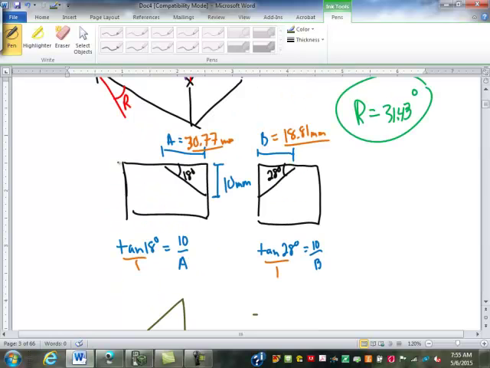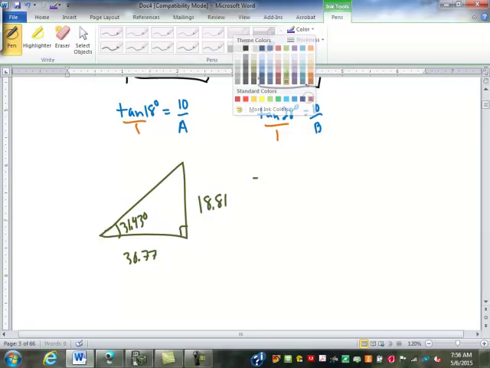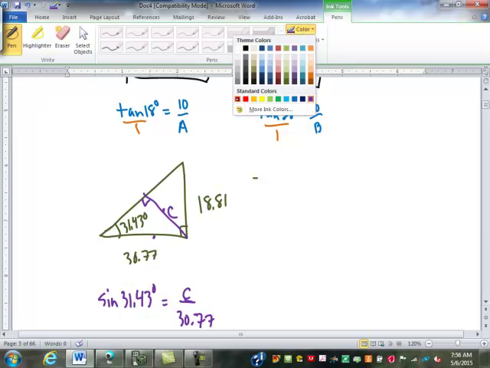This angle, 31.43. The dimension we need to find T, though, is this one across here. How do we find it? That'd be the opposite side compared to our hypotenuse, so we're going to be dealing with a sine. We'll call that C, and sine equals opposite over hypotenuse, so C over 30.77. Then what?